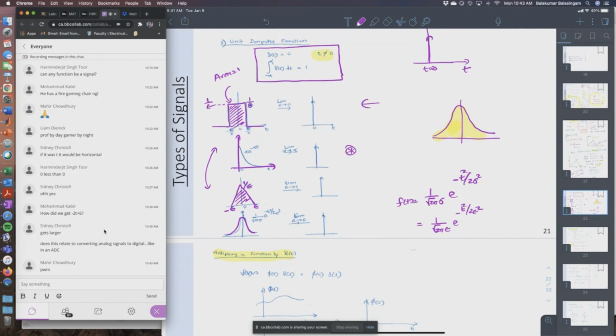All of that is this function. The important thing is the area under this is 1, which is well known. When the standard deviation, or in this case epsilon, becomes smaller, it will approach like this. Which means again, when epsilon goes to 0, it becomes an impulse function.